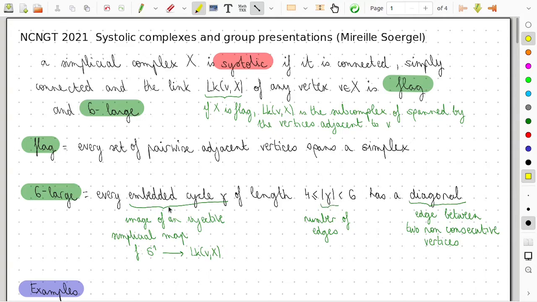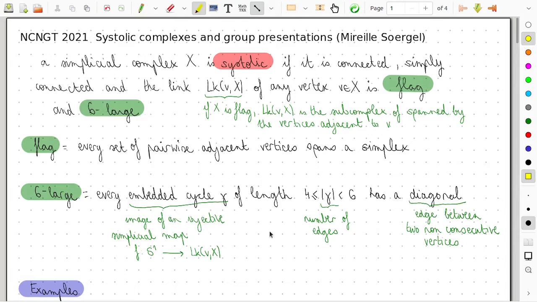An embedded cycle is the image of an injective simplicial map of the triangulation of the circle into a complex. Its length is its number of edges, and it has a diagonal if there's an edge between two non-consecutive vertices.